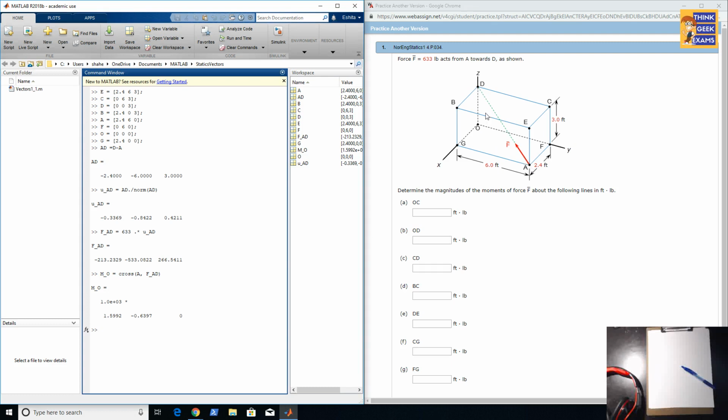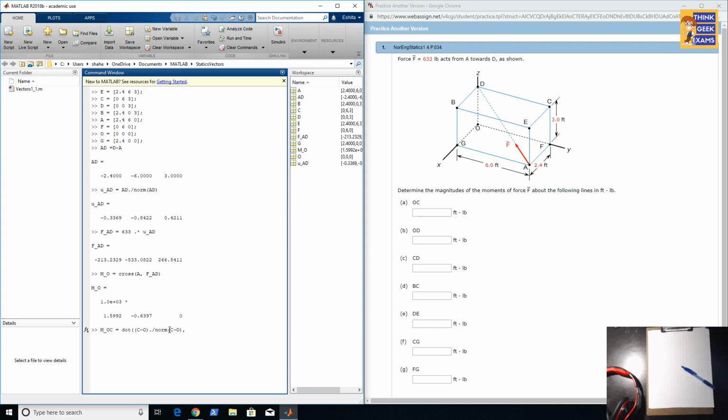Now that we have found the moment around O, what we're going to do is a dot product for OC. So M OC equals dot C minus O divided by norm C minus O. That's the first part of the dot product.